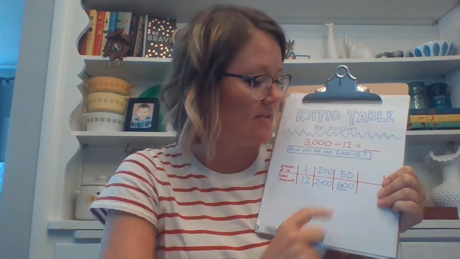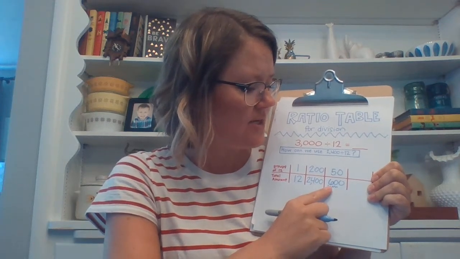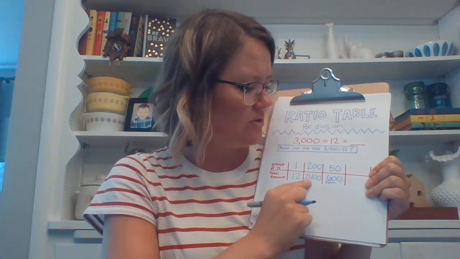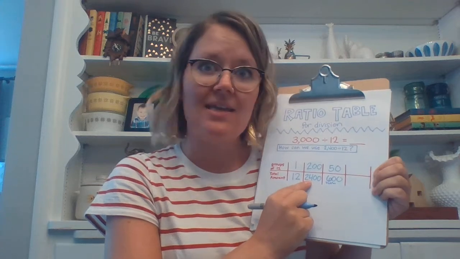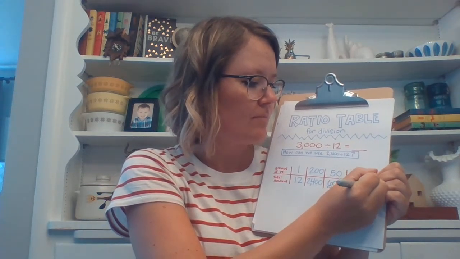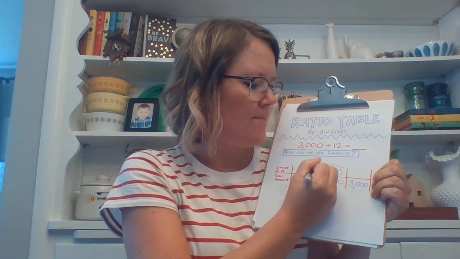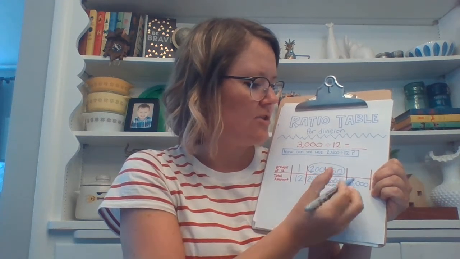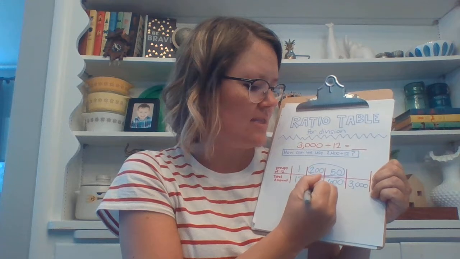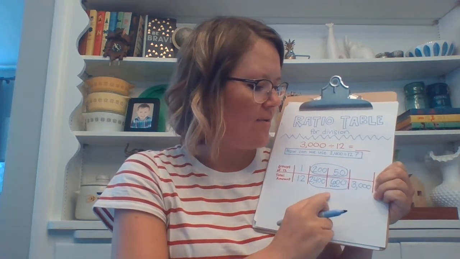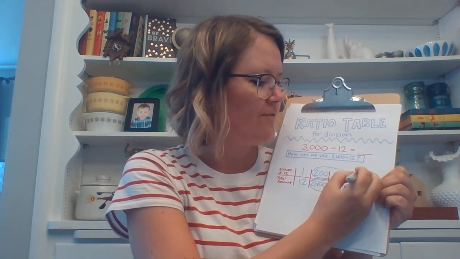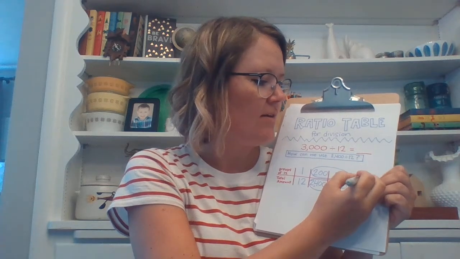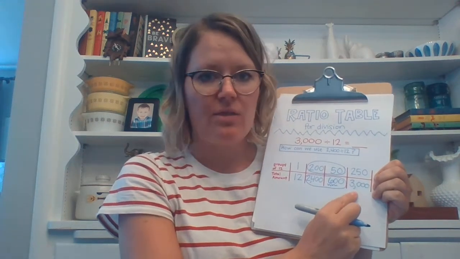So I'm going to use that as the next one. So now I've got 600 and I've got 2,400, and together those make 3,000. So I can just combine these two, since I combined these two. And now I know that it would be 250 groups of 12 to make 3,000.